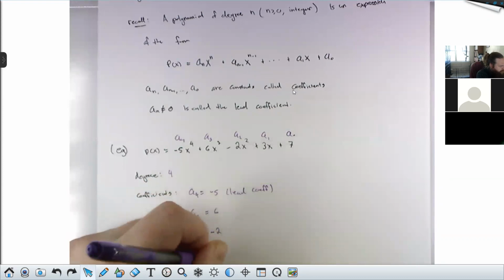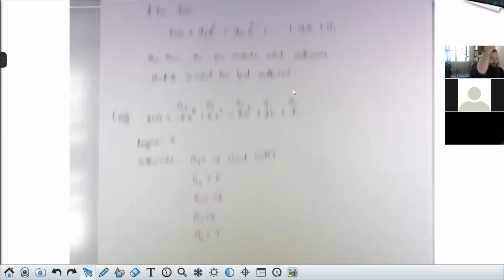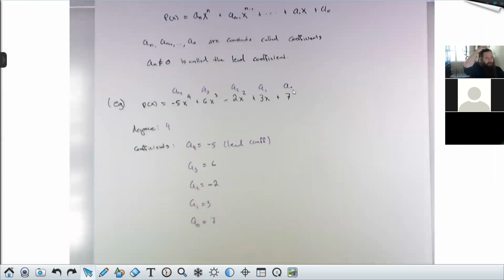And a_0 is +7. So nothing too complicated about this. I know this thing looks scary, right, in general, but in practice, these are not that scary. It's just that we don't know how many of these things there are. That's the only reason the formula looks frightening.